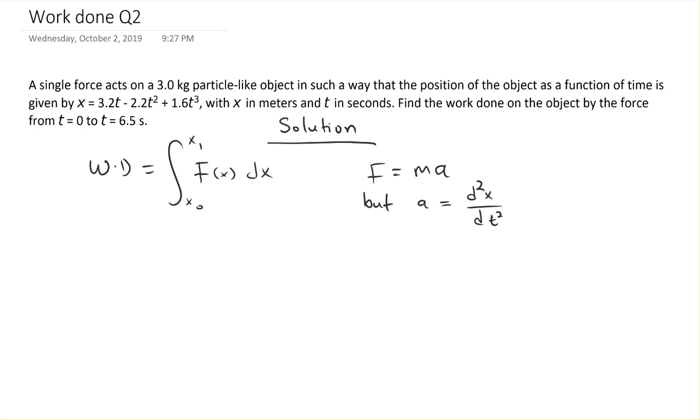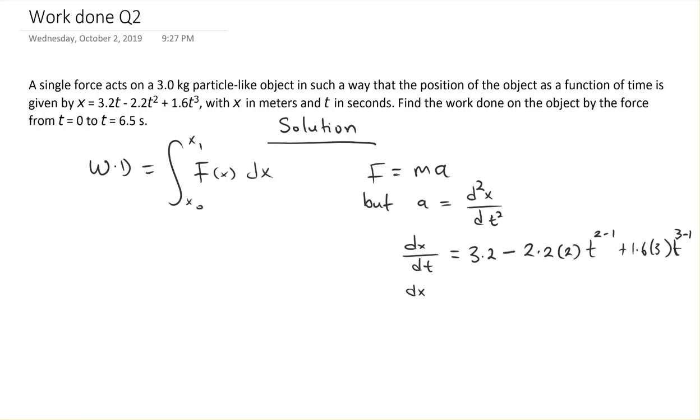So let's do that. dx/dt from what we have here will give us 3.2. The exponent of t in the first term is 1, so it goes away, and here we have 2.2 times 2t, 2 minus 1, and then plus 1.6 times 3t, this will be 3 minus 1.